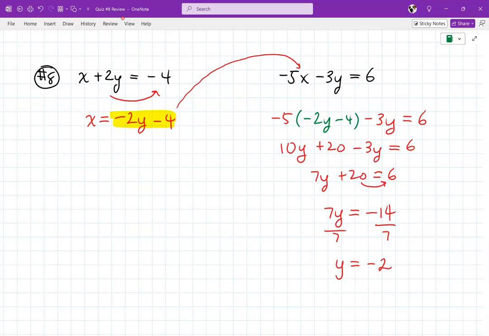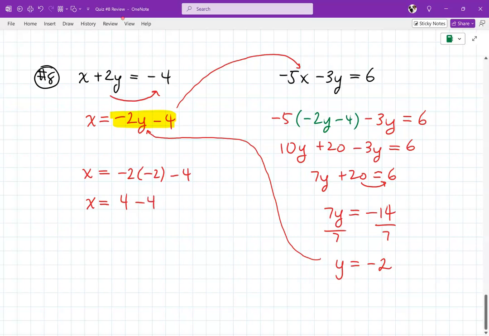So I'm going to get this information, and I'm going to plug it in right there with the y values. So I'll get x equals negative 2 times negative 2 minus 4. Negative 2 times negative 2 is a positive 4 minus 4. So x is 0.